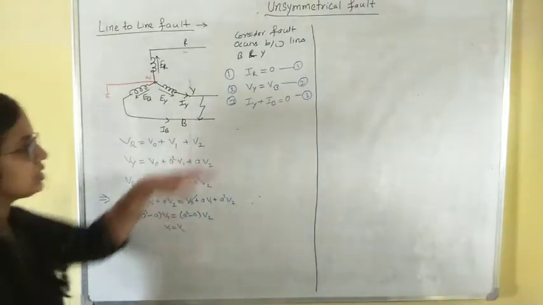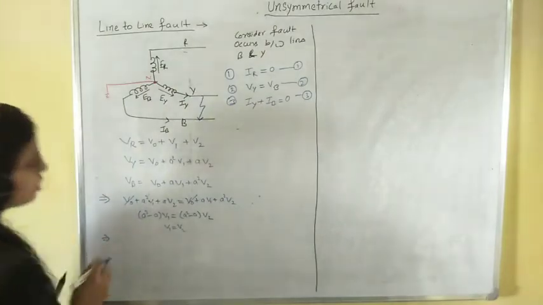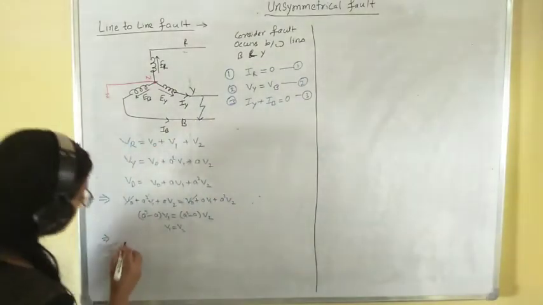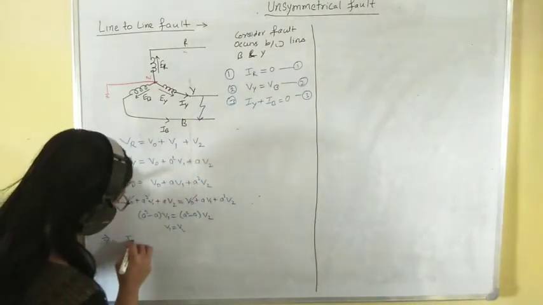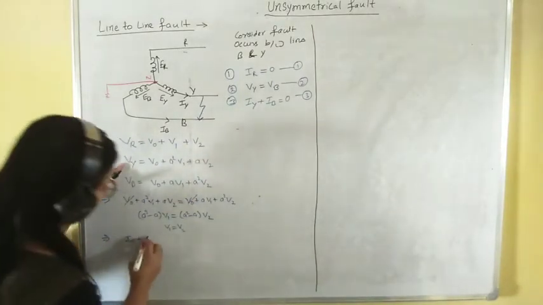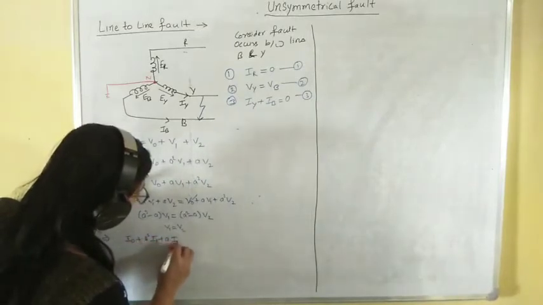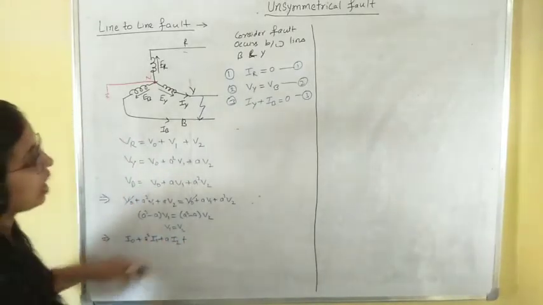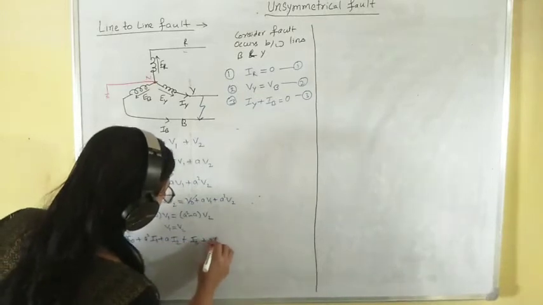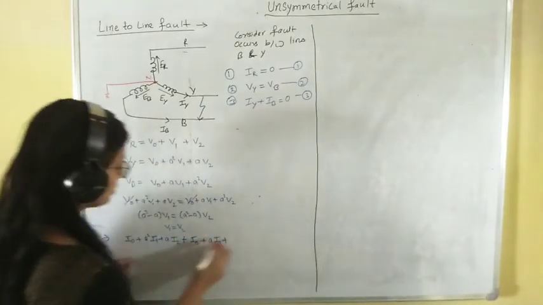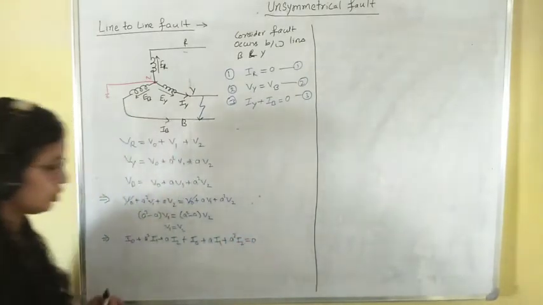Okay. Now next we will do the same for the third equation. When we put Iy, similarly it will be I naught plus A square I1 plus A I2, plus the Ib value, that is I naught plus A I1 plus A square I2, equal to 0.